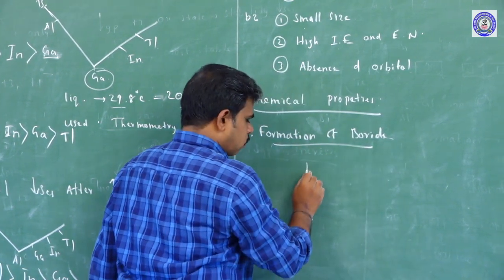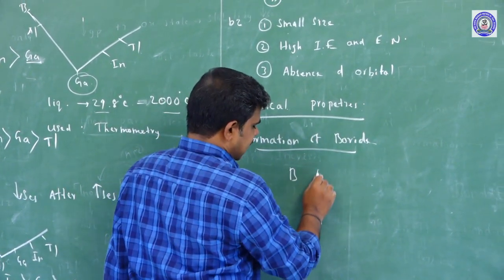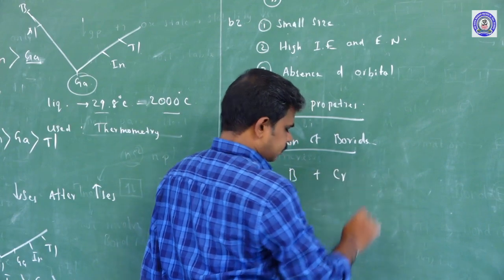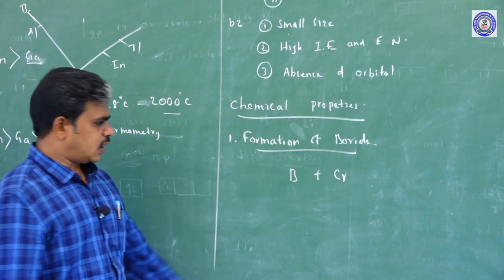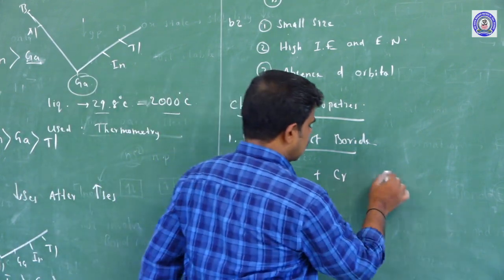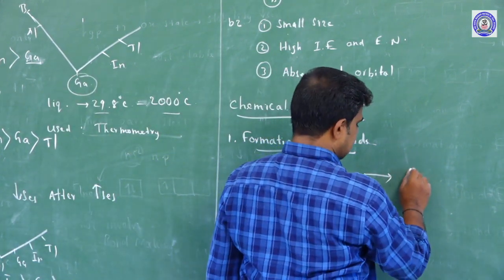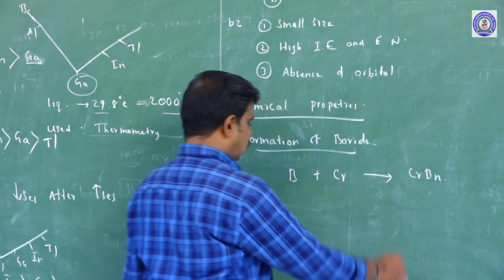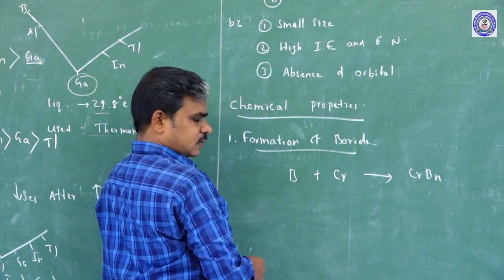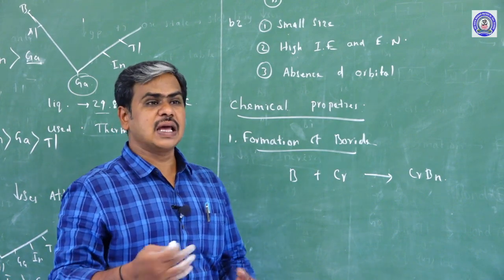Listen, when boron is reacted with a metal like chromium, the first way is direct combination. When chromium is reacted with boron, it forms CrBn. So any metal except alkali metal.